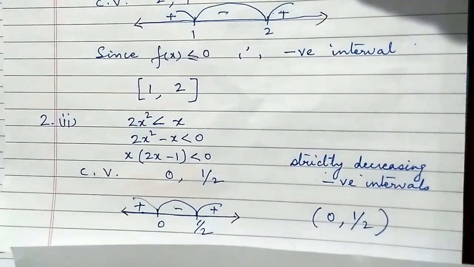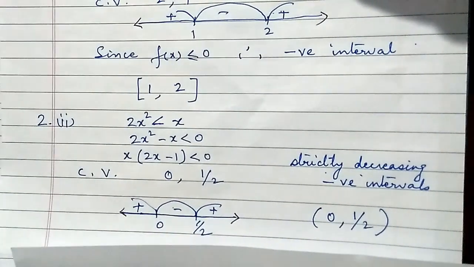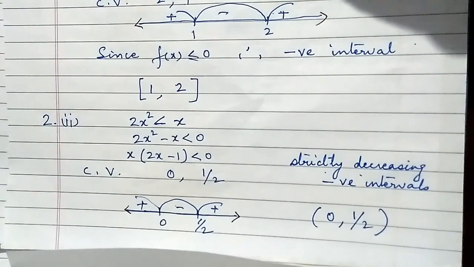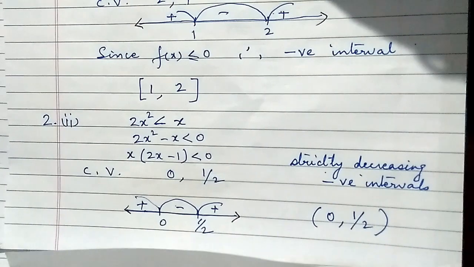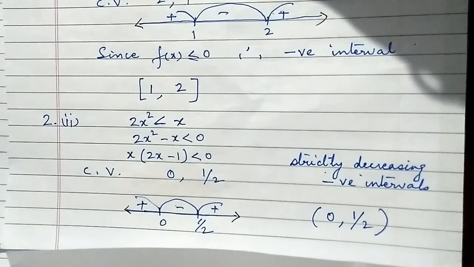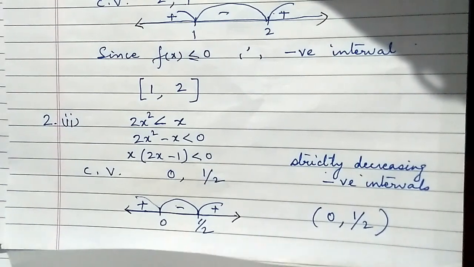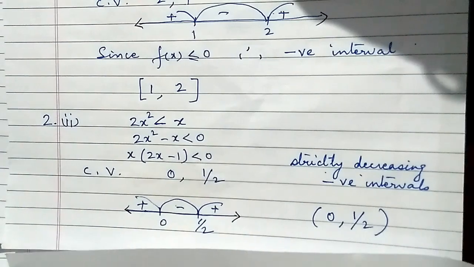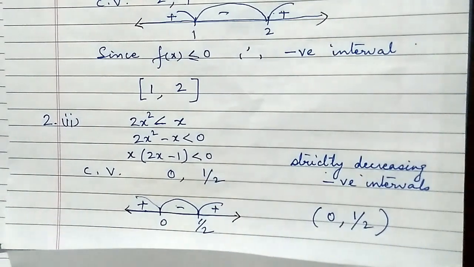Again draw your intervals, positive, negative, positive, and since this was less than 0, the negative intervals will be considered. We can see that there is only one negative interval, that is from 0 to half, and it is only less than, so both these values are exclusive, therefore curved brackets have to be written there.